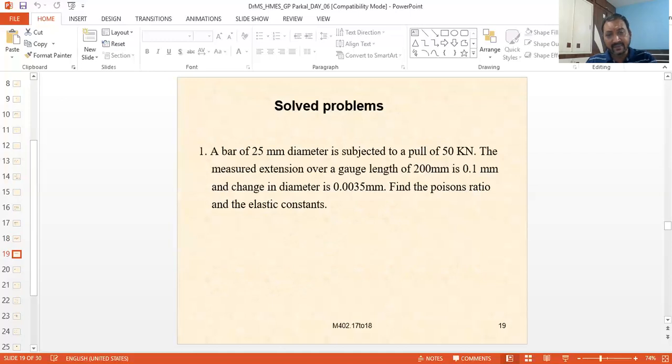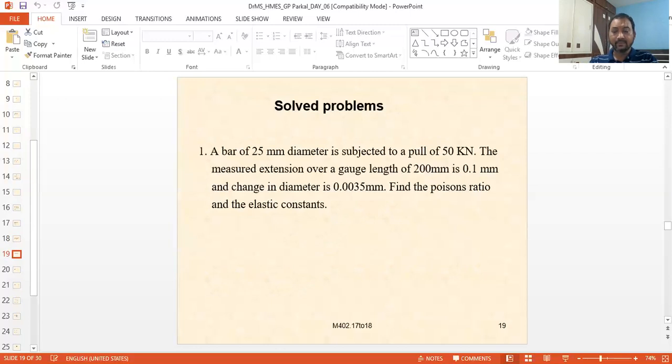The measured extension over a gauge length of 200 millimeters is 0.1 millimeters, and the change in diameter is 0.0035 millimeters. Find the Poisson's ratio and elastic constants.